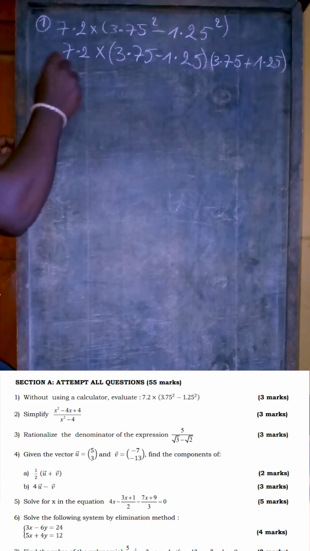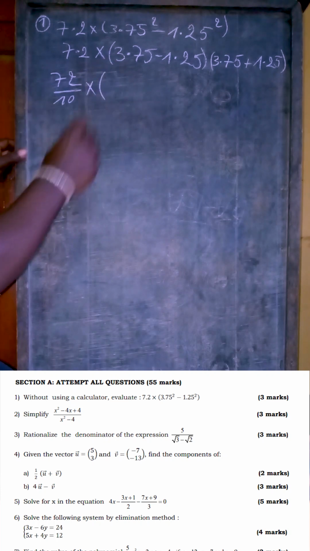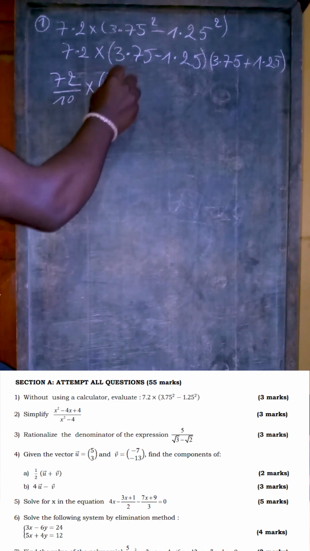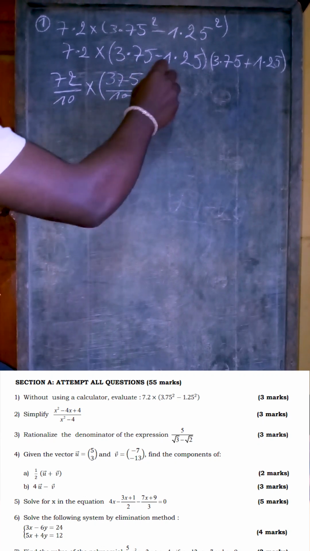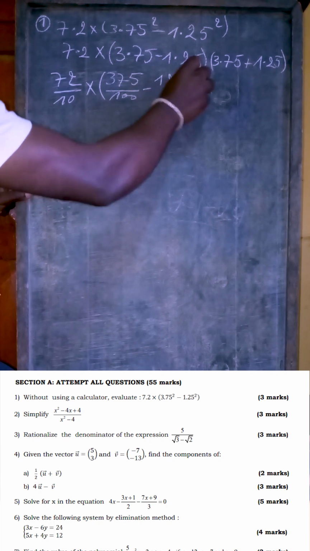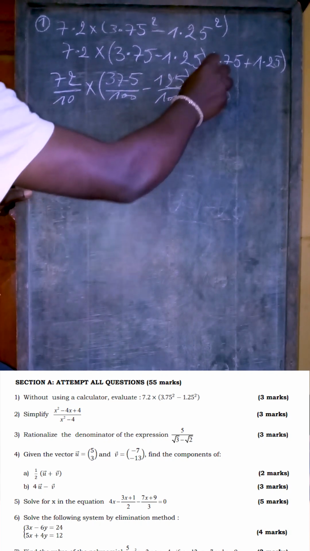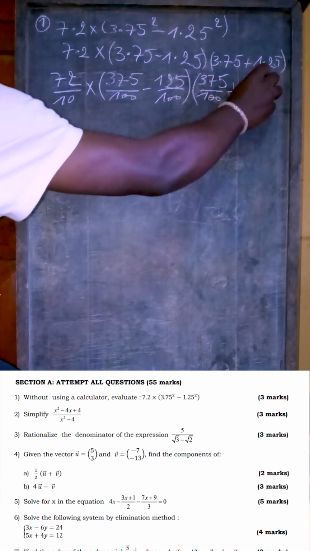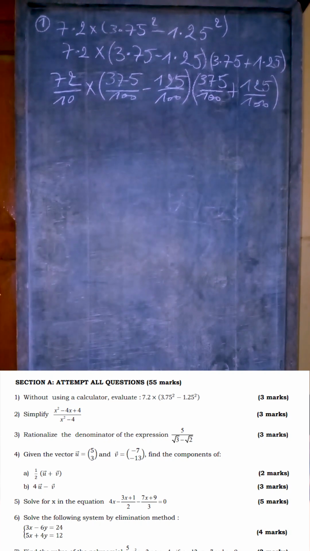It will be 72 over 10 times (375 over 100 minus 125 over 100) times (375 over 100 plus 125 over 100). And then after this, we are going to compute everything.